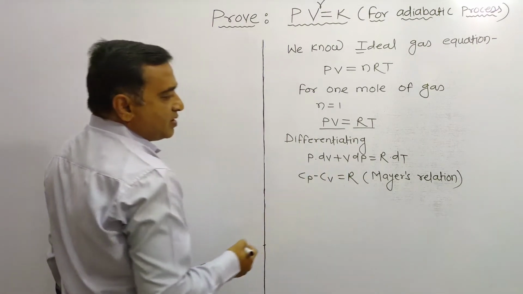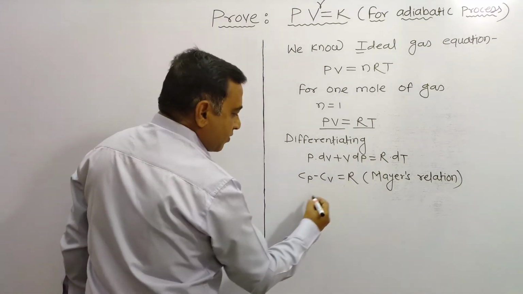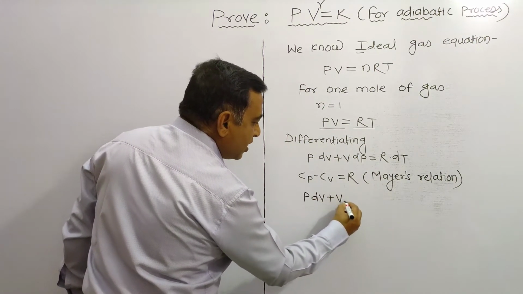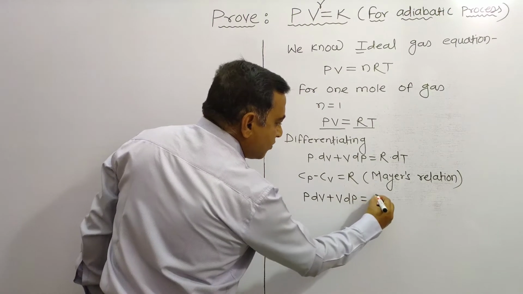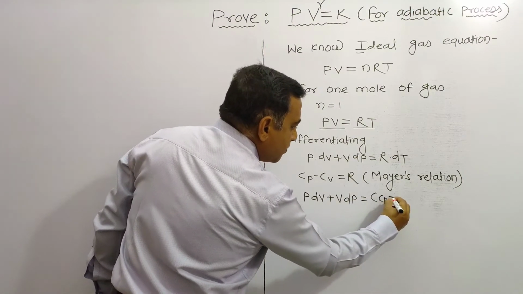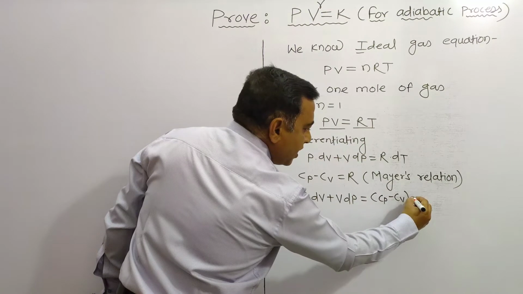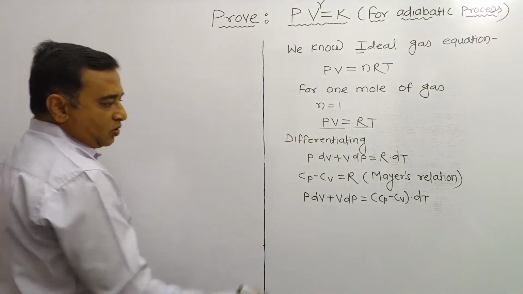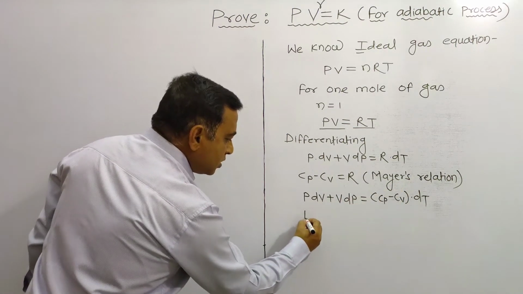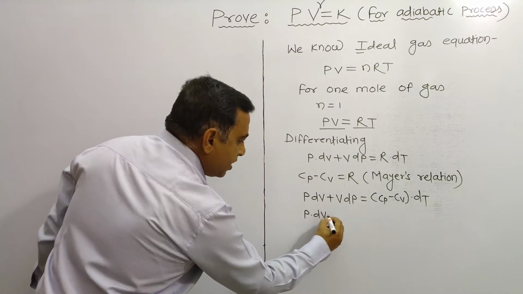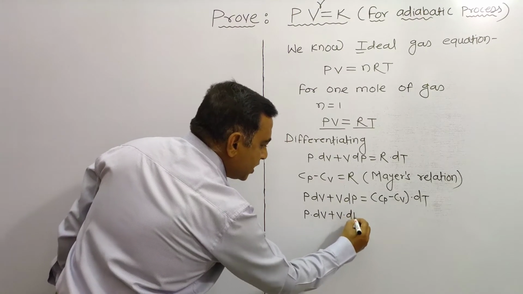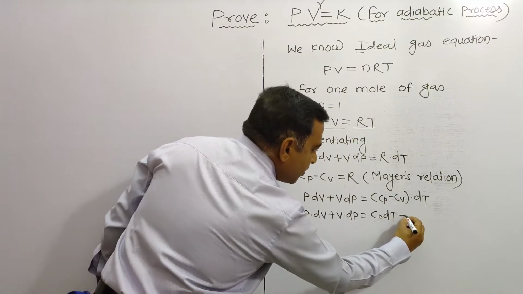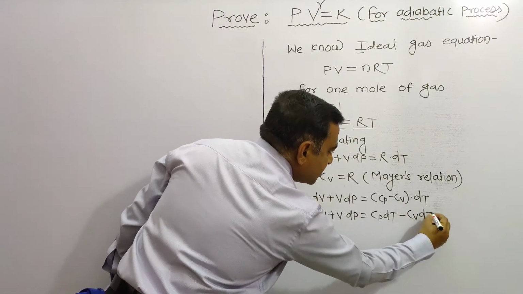Substituting in this equation, P dV + V dP = (Cp - Cv) dT. Multiplying throughout the bracket, P dV + V dP = Cp dT - Cv dT.